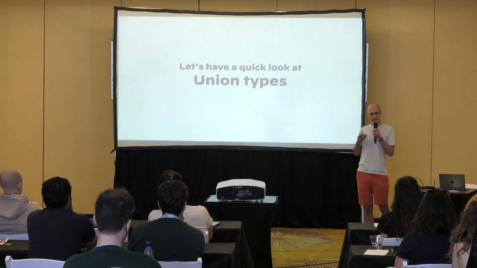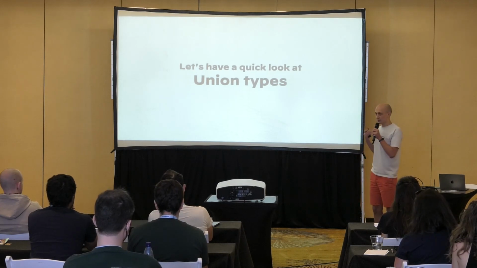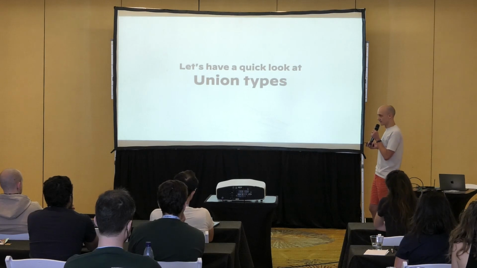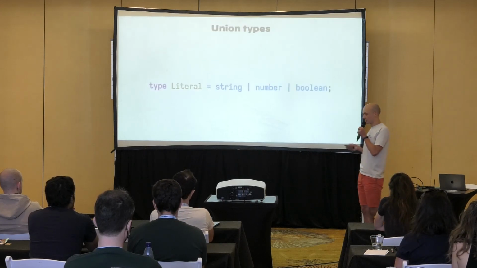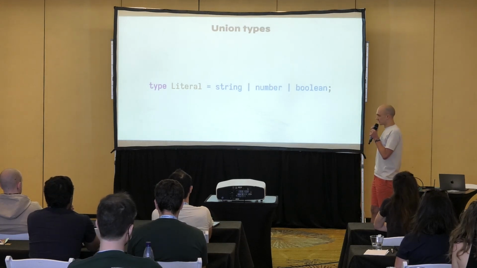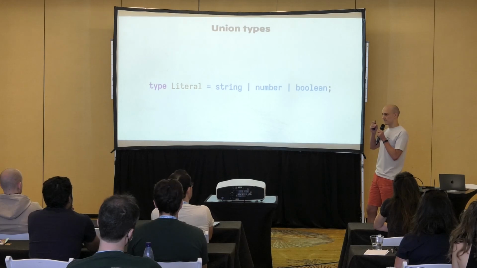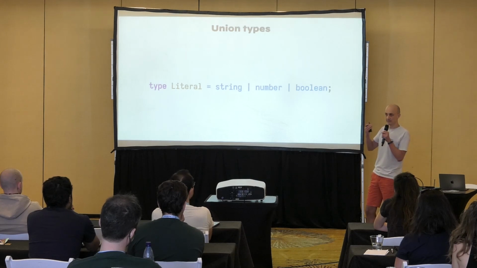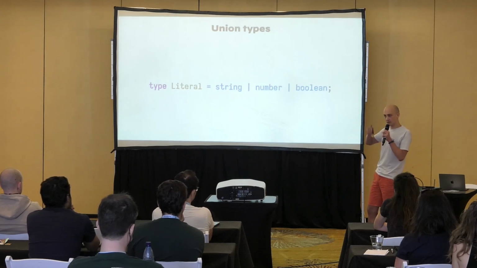You will have a quick overview of 4 really important TypeScript features. But first, let's talk about union types. What's a union type? A union type is the ability to express that your variable could be string or number or boolean. For example, it's just "or".